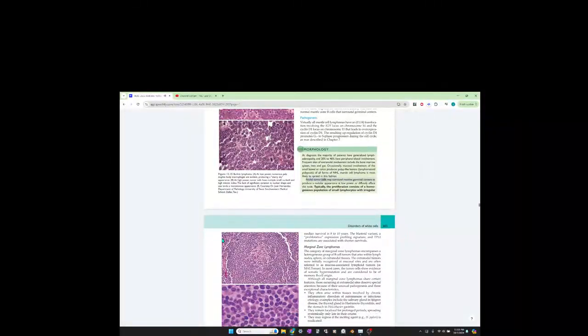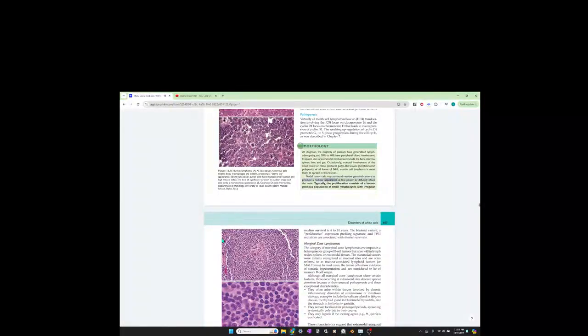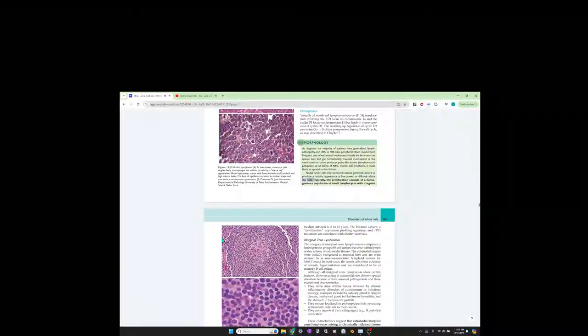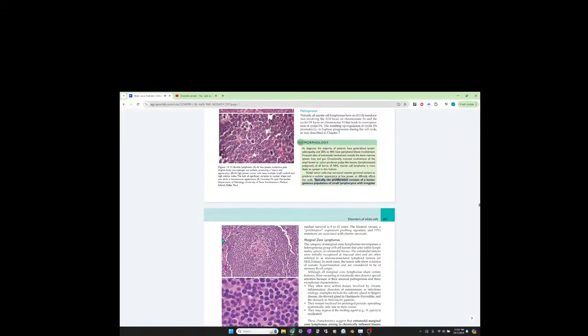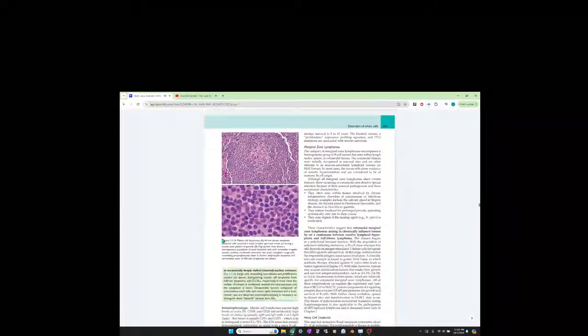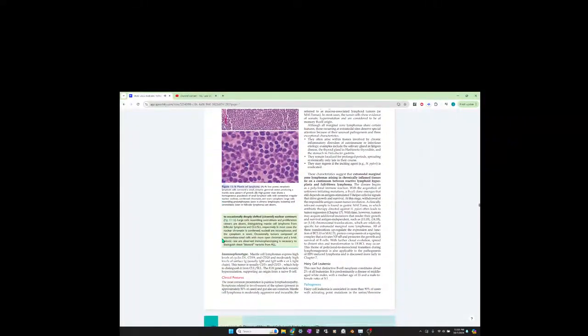Nodal tumor cells may surround reactive germinal centers, produce a nodular appearance at low power, or diffusely efface the node. Typically, the proliferation consists of a homogeneous population of small lymphocytes with irregular nuclear outlines. Figure 13.16, mantle cell lymphoma.